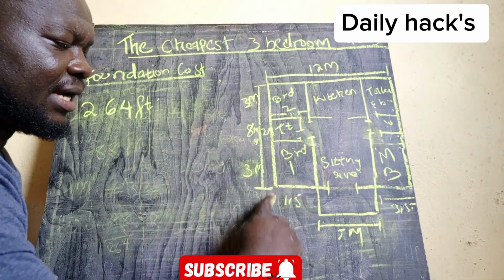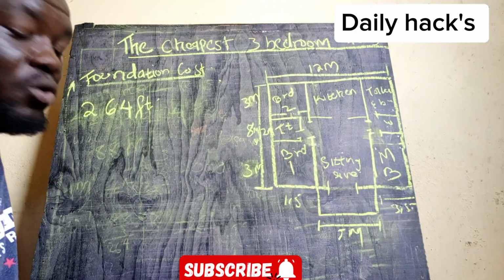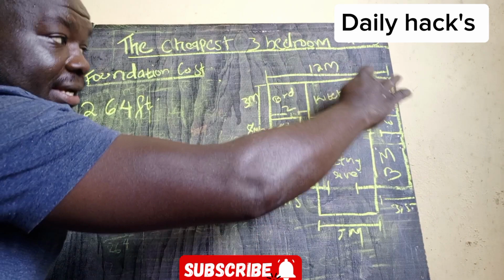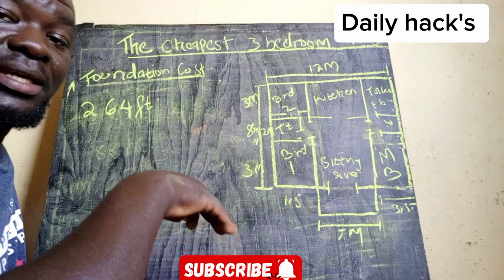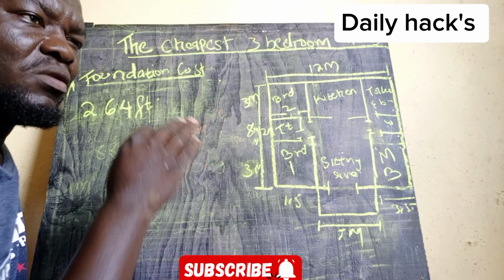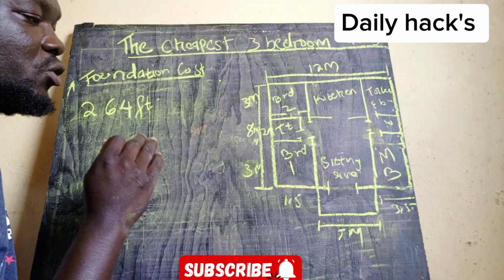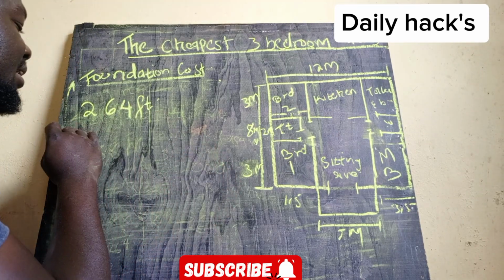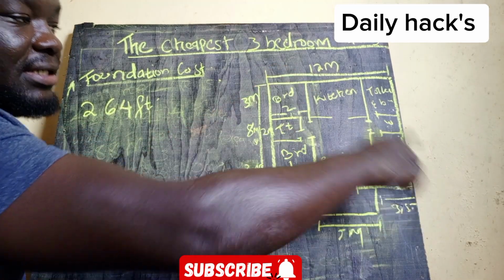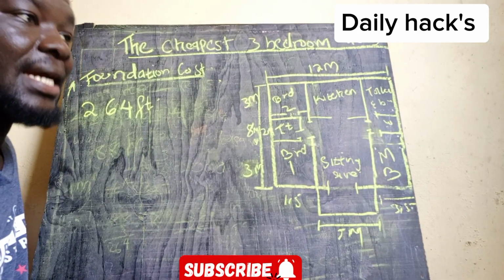Per every foot on the running, when you are digging, you only count the running. If you count the deepness, it will cost you a lot of money. So if you want to use less money when you are digging these trenches for your house, you always calculate the running.